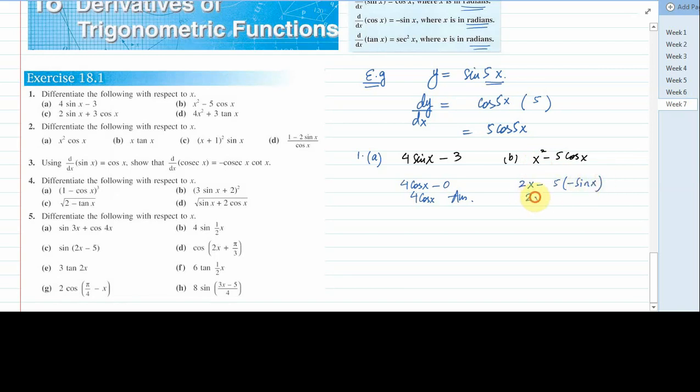So the final answer will be 2x plus 5 sin x. Alright, so what you need to do? You need to start doing these two questions in your copy, and then you need to attempt part C and D. For these 4 questions, you have a time of 4 minutes. Alright, start doing it, and then I will explain. So start.